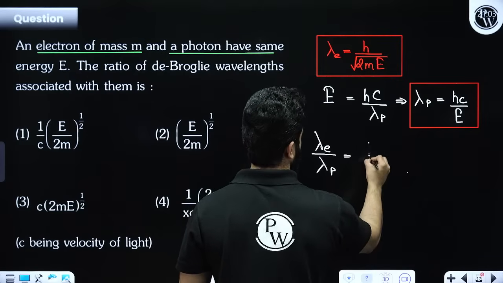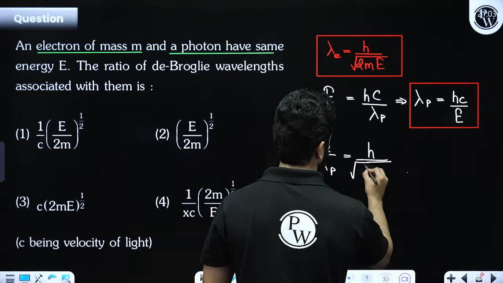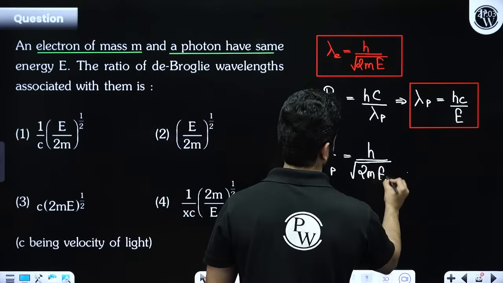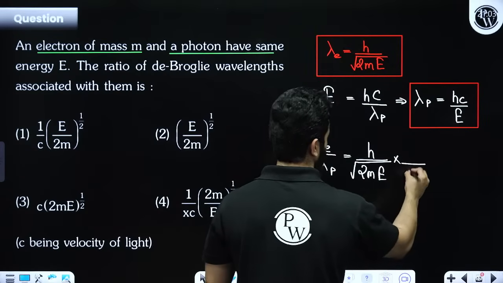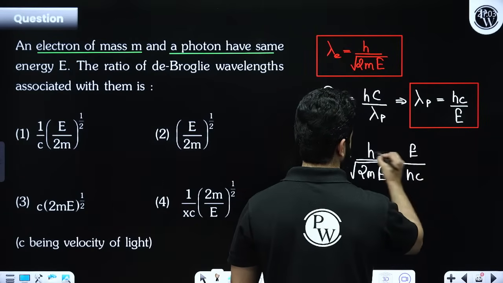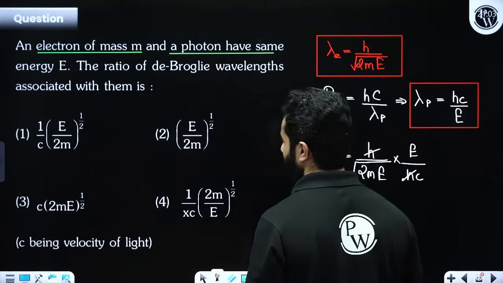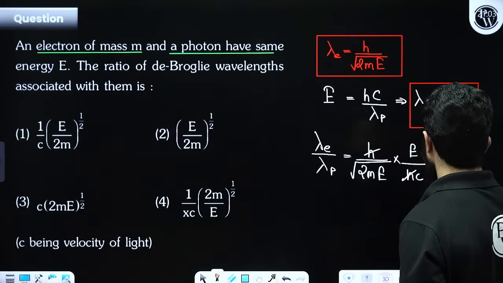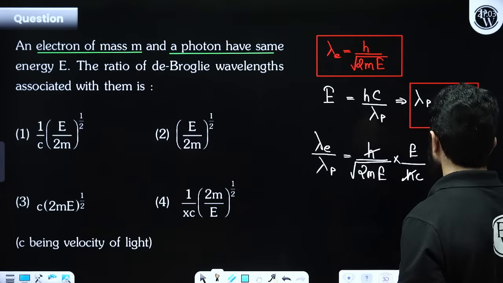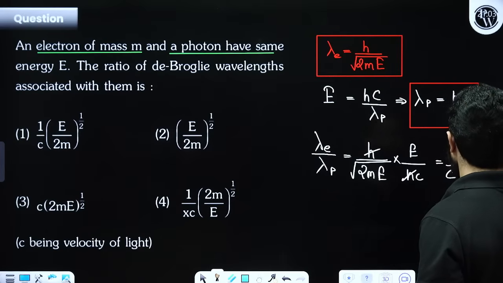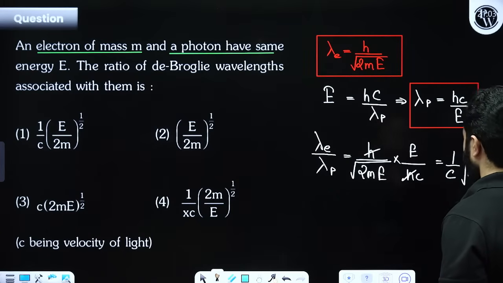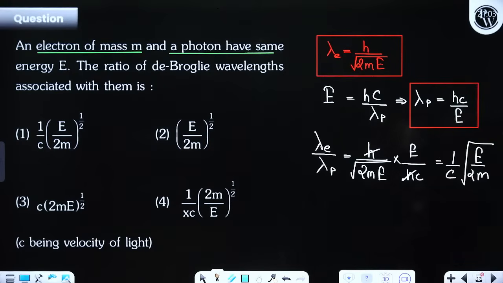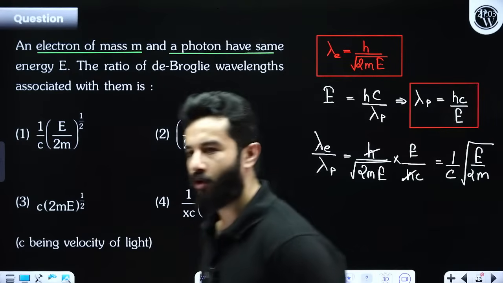So it is h divided by root of 2mE, and this is hc divided by E. So h and h will get cancelled out, and you can rewrite this thing by taking c out, and root of E divided by 2m. You can cancel out this root with this E and you will get 1 upon c under root of E divided by 2m.